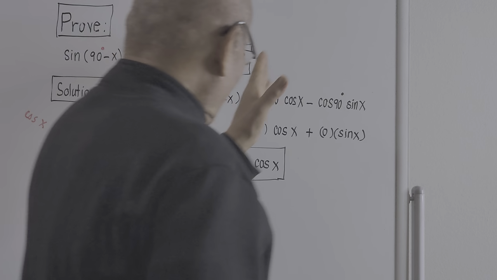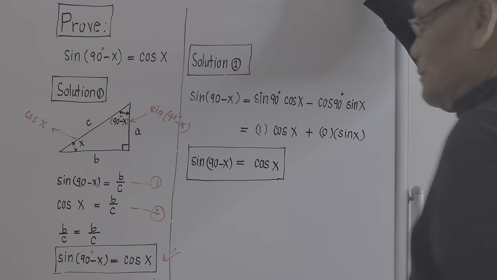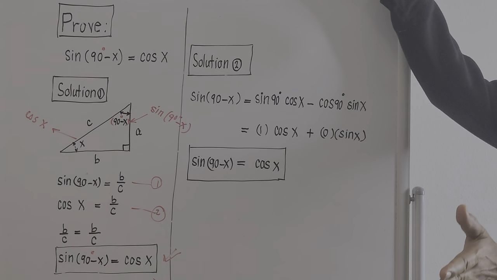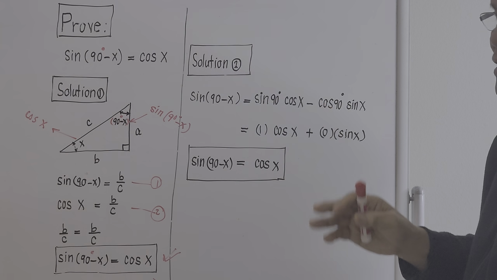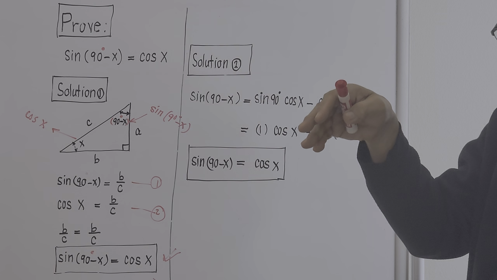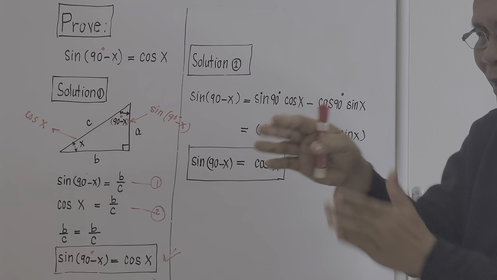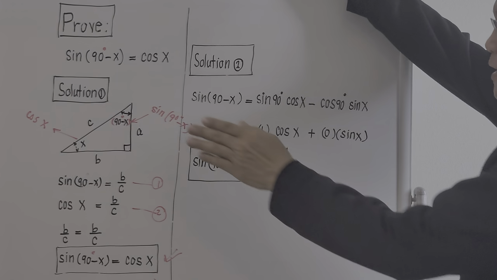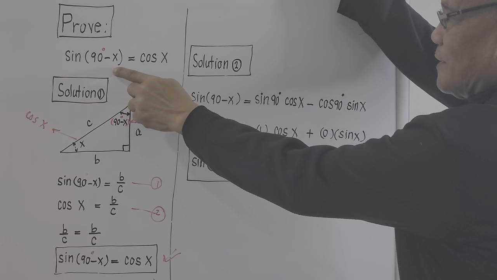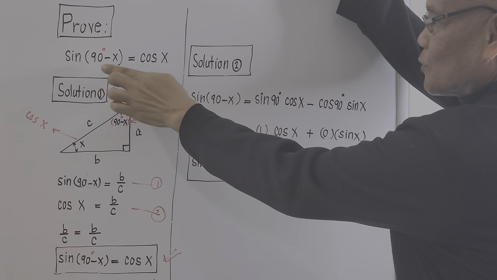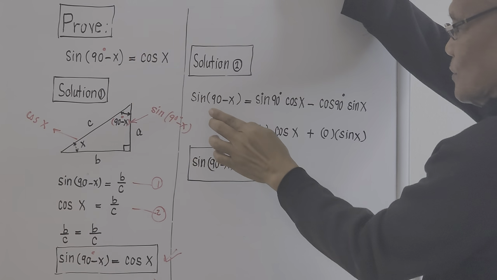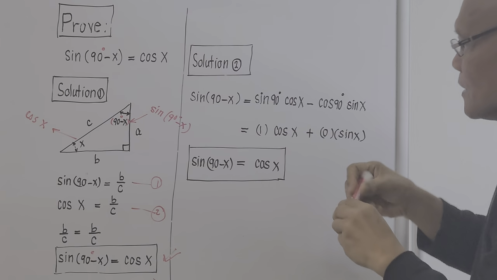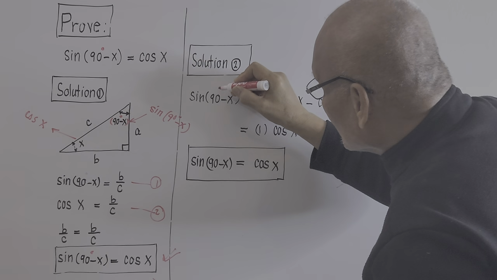Solution number 2 is the use of the sine of a difference of two angles. If we notice the left-hand side, it is the difference of two angles, 90 degrees minus x.